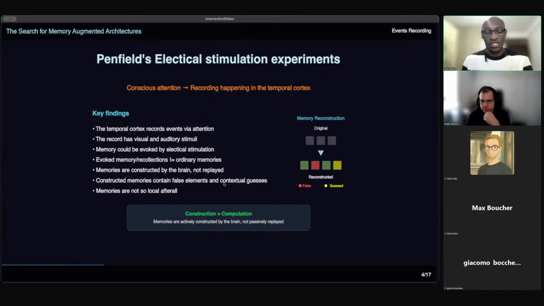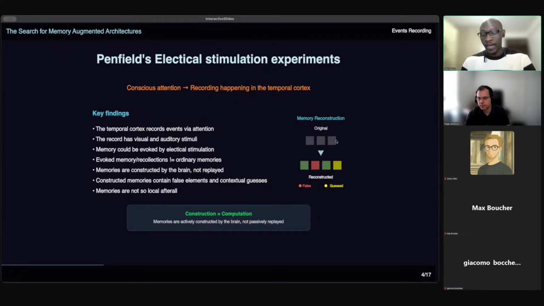It's a construction. So the brain constructs memory based on what kind of inputs or stimuli you give the brain, right? So this was important, and it led to many ideas into how memory works.